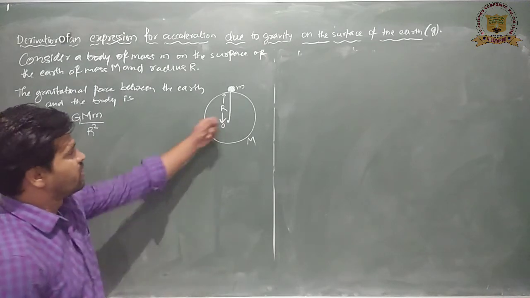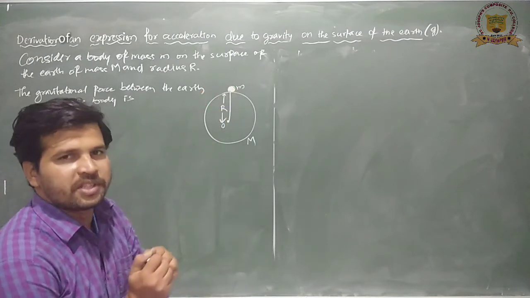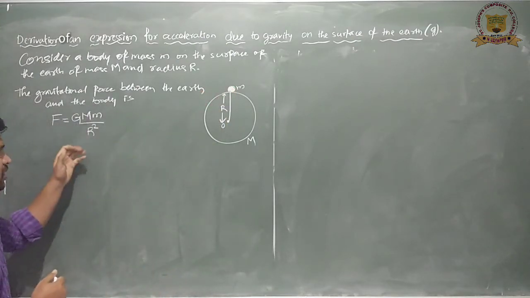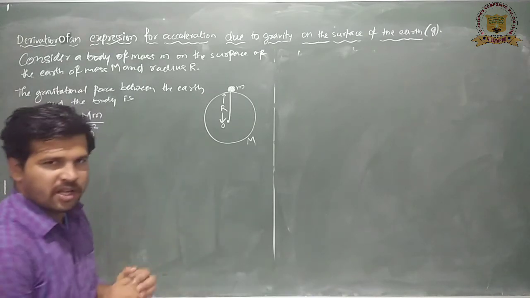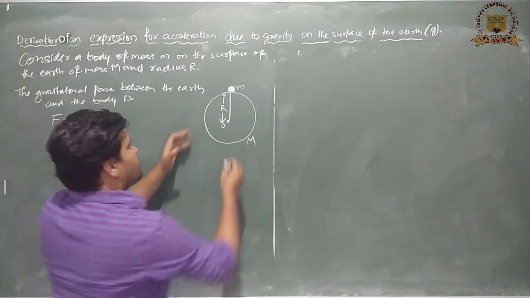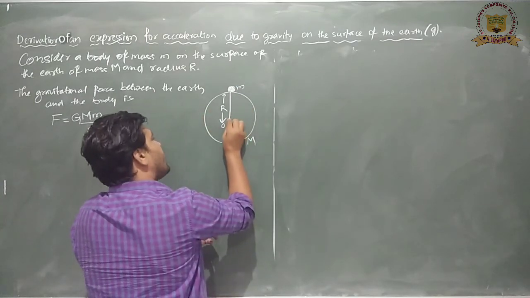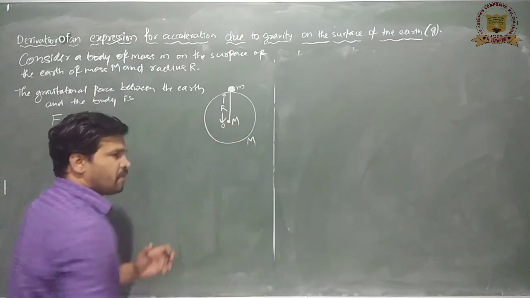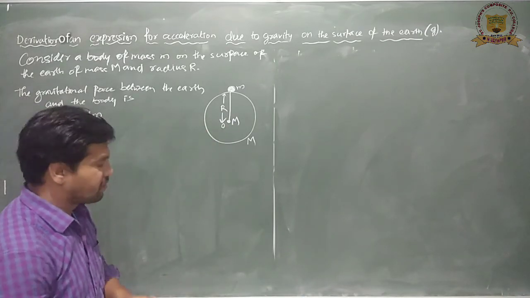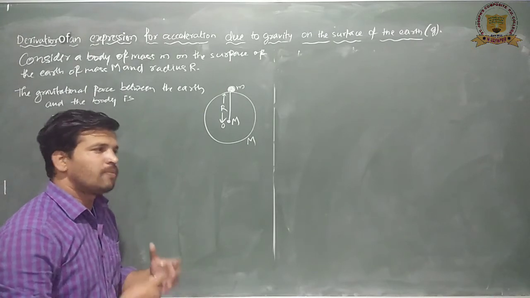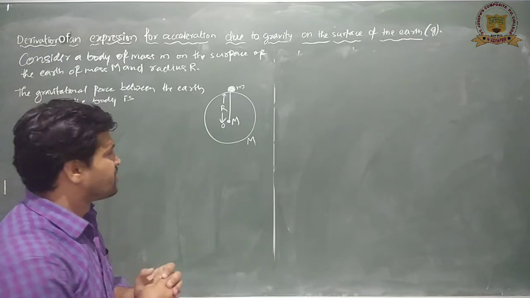So there is a common doubt here: the earth and the body are in contact with each other, so how come the distance between them is capital R, the radius of the earth? Because you already know that the earth exerts force on this body as if the whole mass of the earth is concentrated at the center, since we are considering the earth as a uniform spherical body.